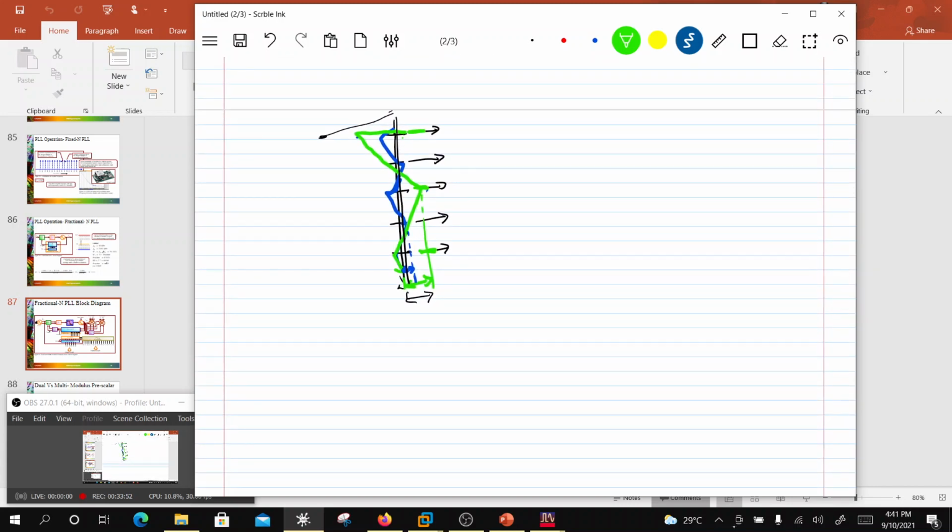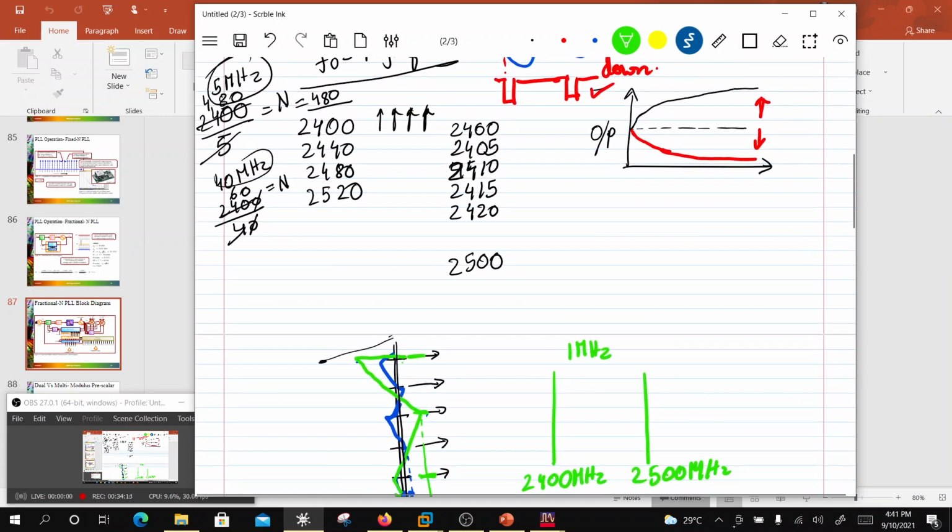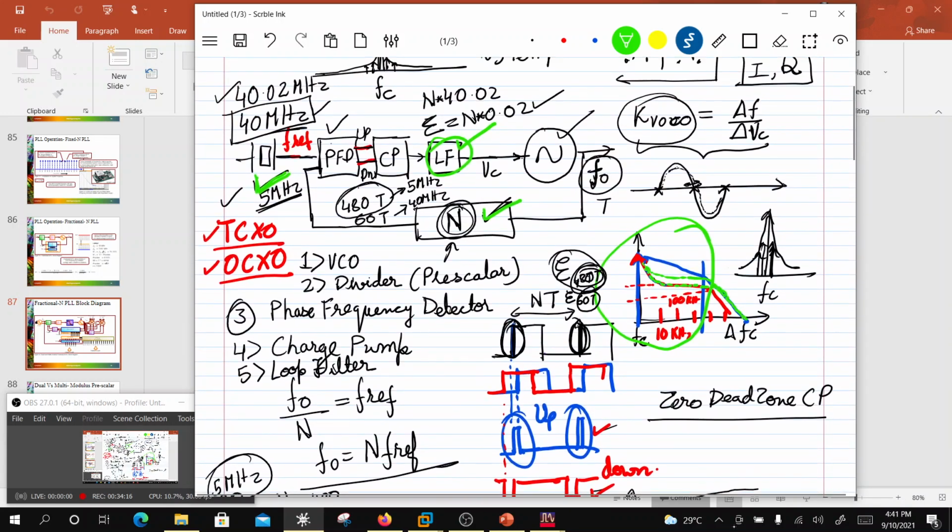If I am allotted a certain band that goes from 2400 megahertz to 2500 megahertz, and my carriers or subcarriers in here are separated by 1 megahertz, then I am supposed to use a crystal of 1 megahertz because this is a fixed n.